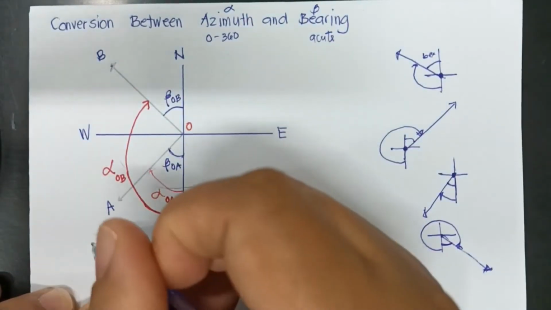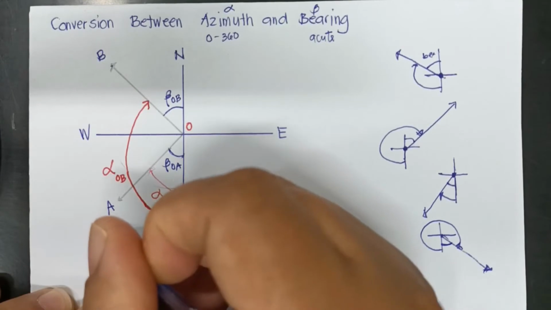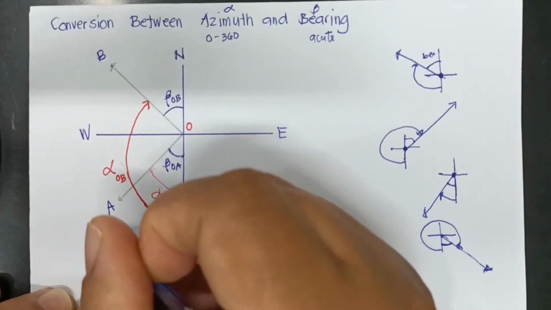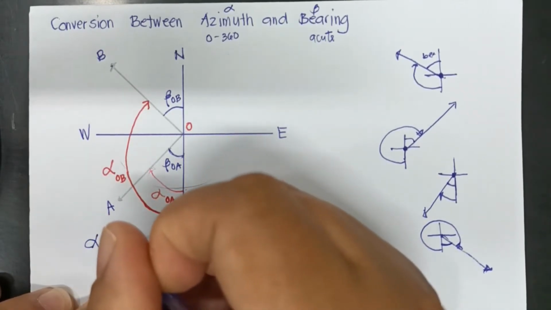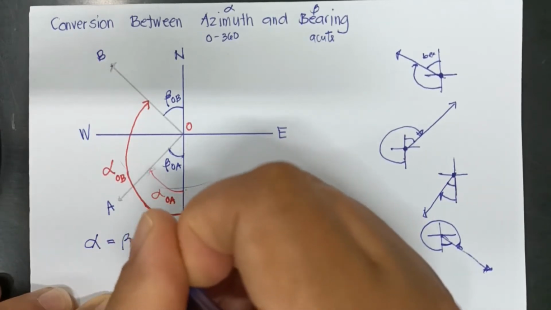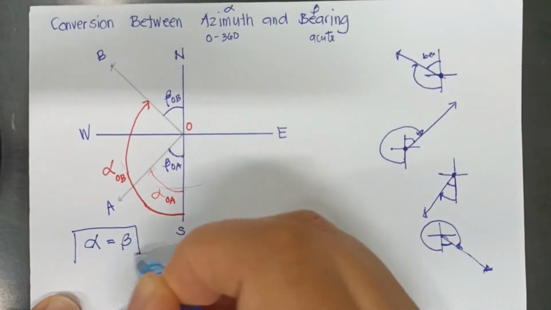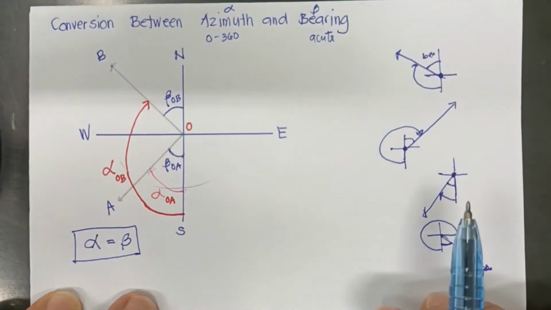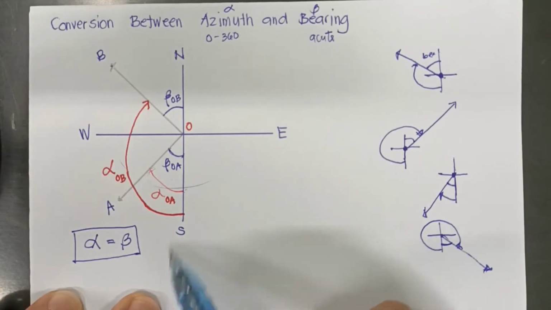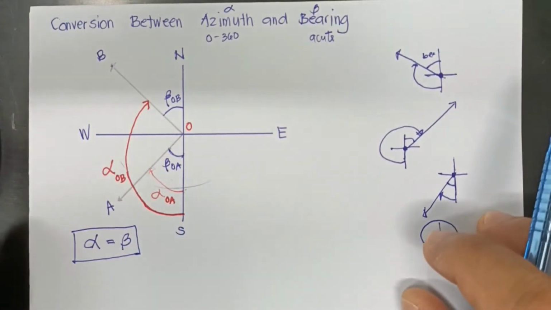So we can say that the azimuth, or the alpha, is just equal to the bearing. This is the relationship between the azimuth and bearing in the southwest quadrant.